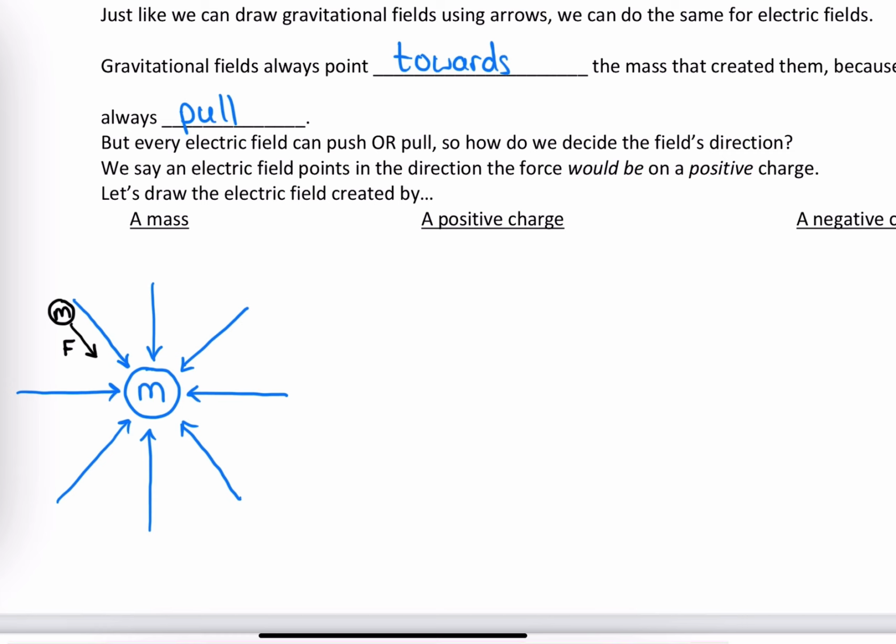So these areas where the arrows are really close together, like here and here and here, that means the strength of the gravitational field is very strong. In areas where the arrows are far apart, like here and here and here, those are areas where the field is very weak. So we say that the density of the arrows represents the strength of the field.